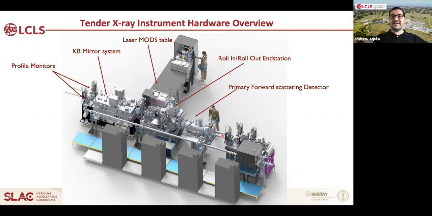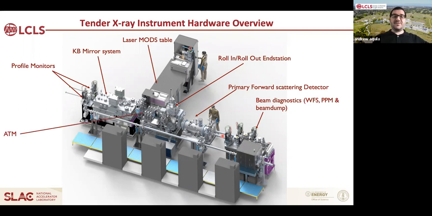We have a primary forward scattering detector, which will collect these diffraction patterns. And we have diagnostics. These turn out to be very critical when you're using sub-micron beams. These are wavefront sensors and power meters to tell you what intensity is coming down the pipe, and make sure your focus is stable and the same day-to-day, hour-to-hour, which does tend to change with all the parameters of the LCLS changing.